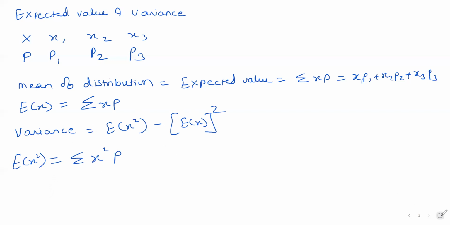Let us take an example and see how to find mean and variance of a probability function. For better understanding, I'll take a small distribution. Suppose X is 0, 1, 2 and P is 9 by 16, 6 by 16 and 1 by 16.